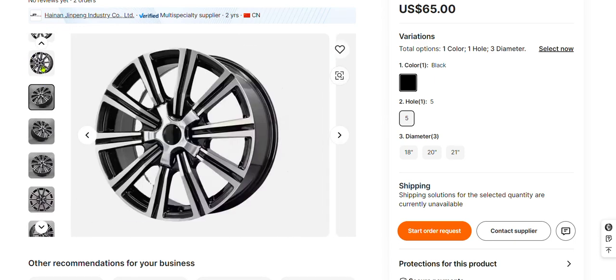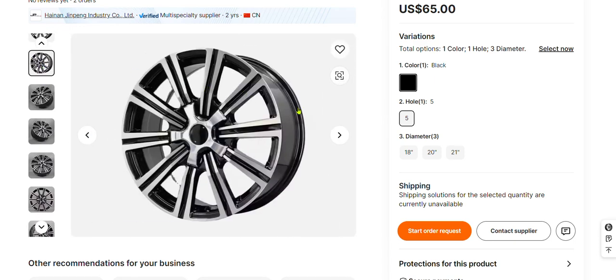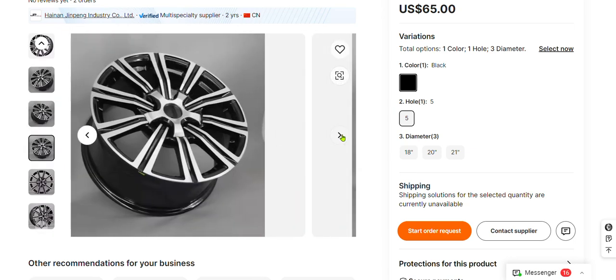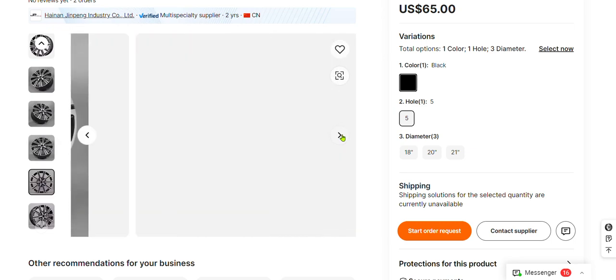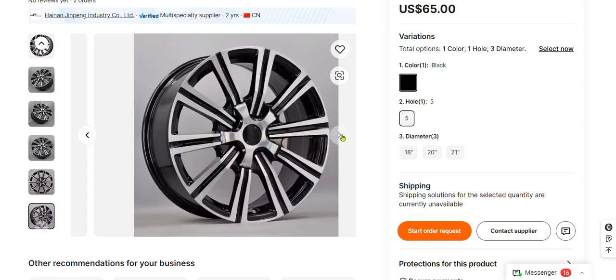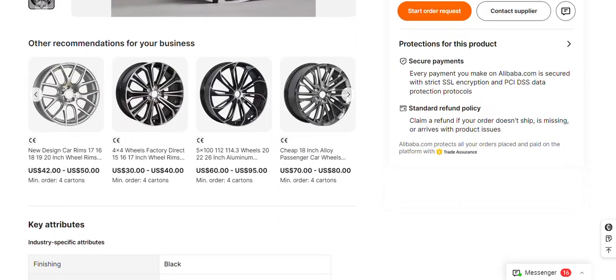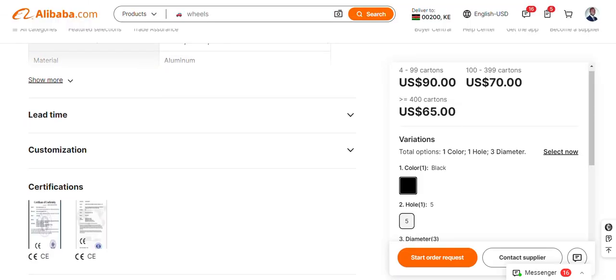Besides the aesthetic of the product, we also want to understand the quality descriptions, and also the reviews. Are there people who have bought from this company before, and what are they saying?